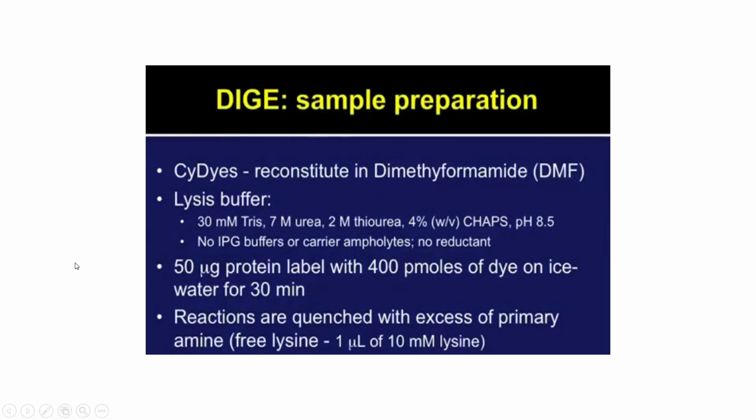So how does sample preparation happen? Basically you will reconstitute the dye in DMF, which is dimethylformamide. As I said, there is a lysis buffer which has a pH of 8.5. That lysis buffer has the following components: Tris, urea, thiourea, and CHAPS. We dealt with this when we were talking about two-dimensional electrophoresis, and we talked about how exactly urea and CHAPS affect the lysis.